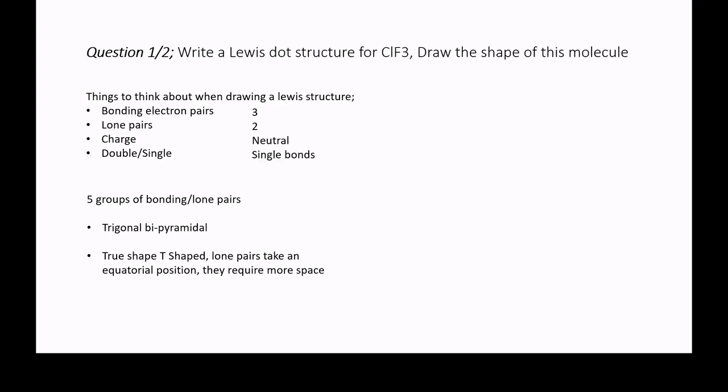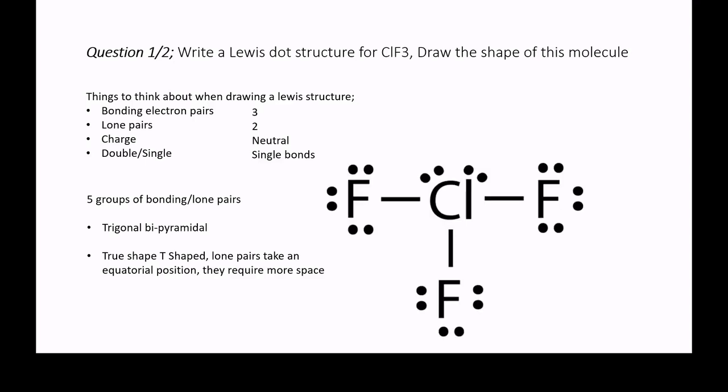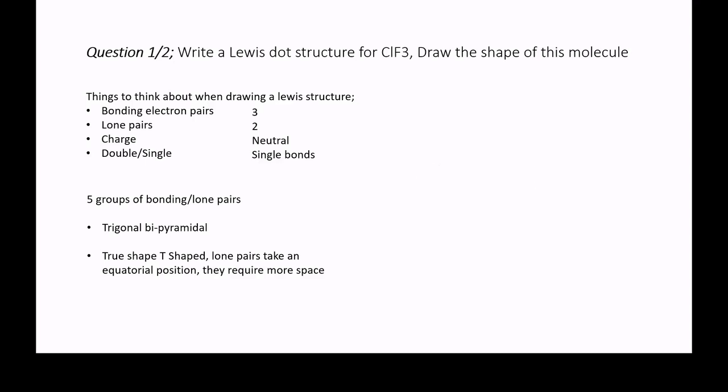Now this means that the electron geometry of the ClF3 is trigonal bipyramidal. This is a Lewis structure. Now, although the electron geometry is trigonal bipyramidal, 2 of these areas of electron density are due to lone pairs.